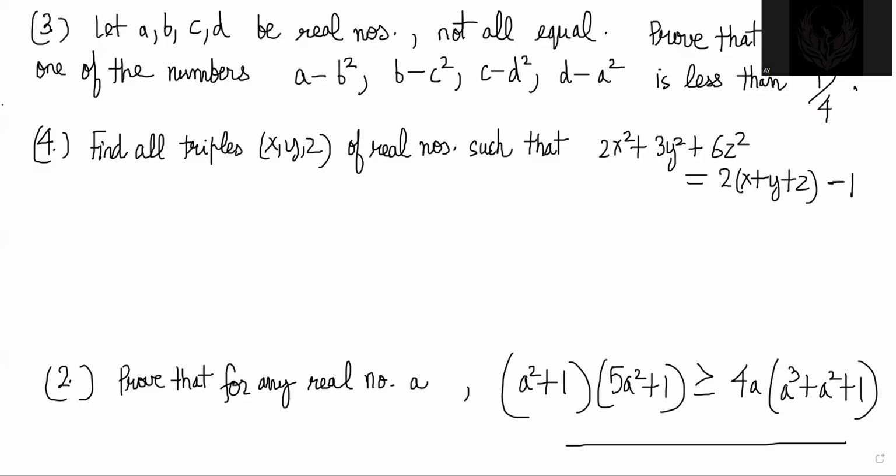It is not very difficult to figure out what those terms are. What is the equation you are getting? I'm getting a power 4 minus 4a cubed plus 6a square minus 4a plus 1.